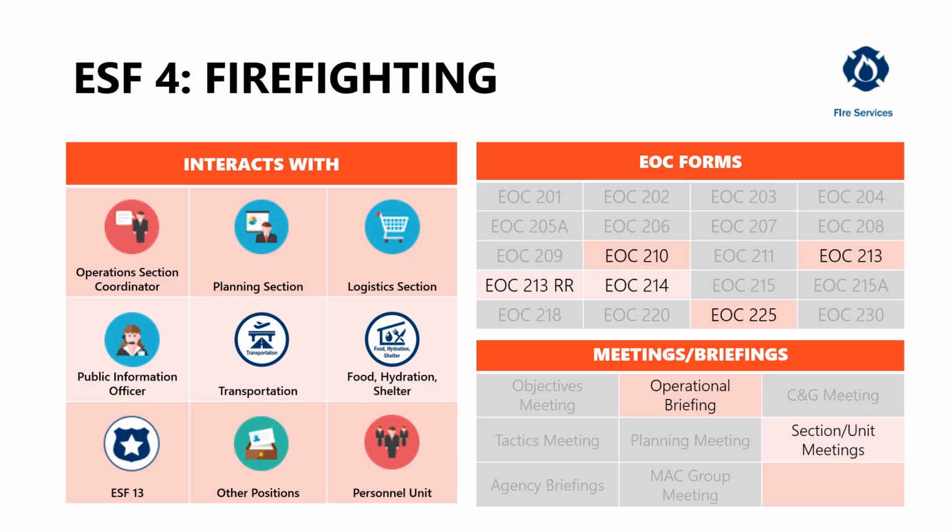So under ESF 4 for firefighting services, this person is going to report to the Operations Section Coordinator. Again, they're coordinating the prevention, control, and suppression of fires, coordinating with ESF 10 for hazardous materials releases within impacted jurisdictions.